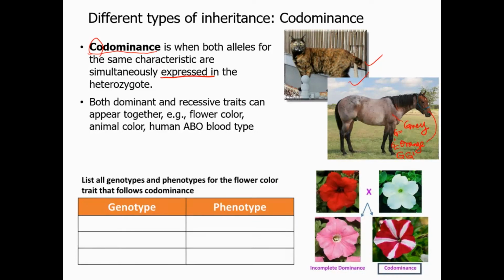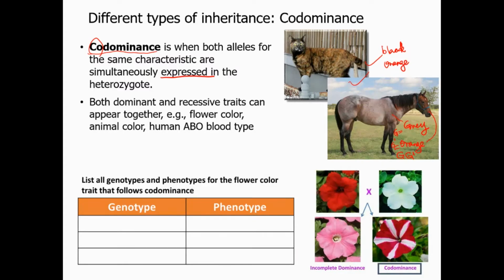And it's actually the same thing for the cats. The cat has, again, black and orange, right? And it's also because the cat has two different alleles, and both alleles are expressed in the cat and the fur color. So that's why the cat has a patchy kind of colors.